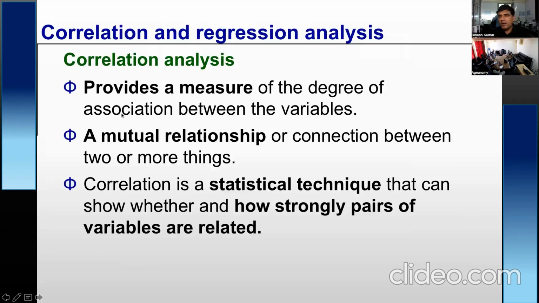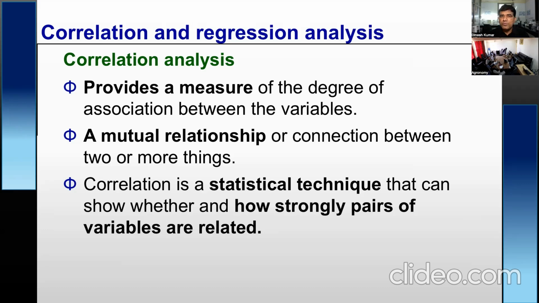And then I told you, before fitting equations, I tried to explain the differences between correlation and regression analysis. What do we mean by this? Correlation simply tells us whether two variables are associated or not. For example, plant height. If your plants increase in height, naturally their dry matter will increase.